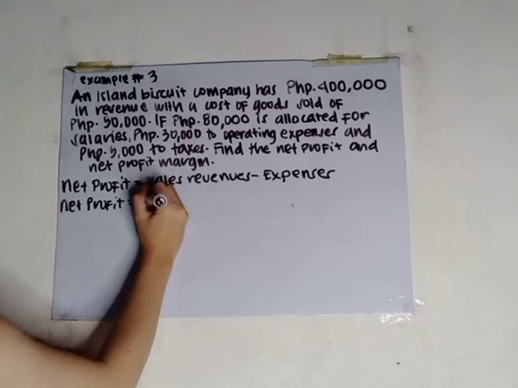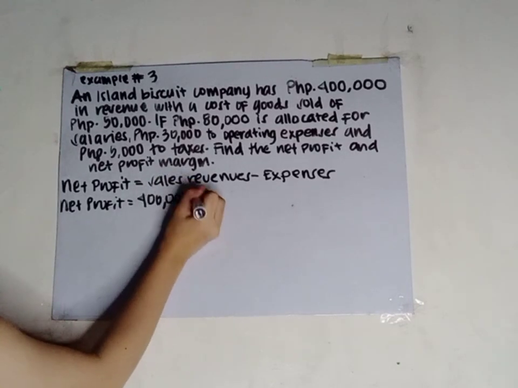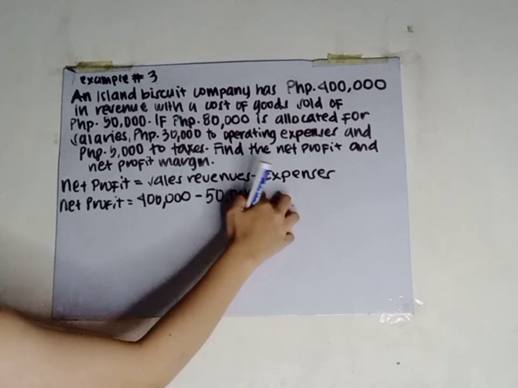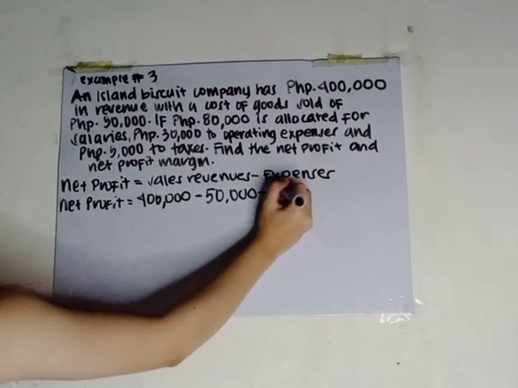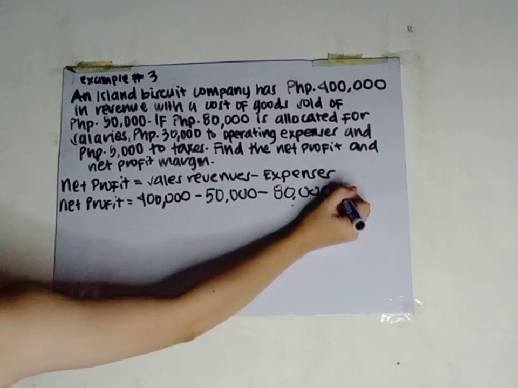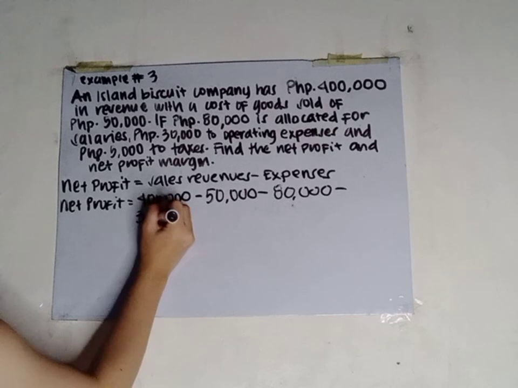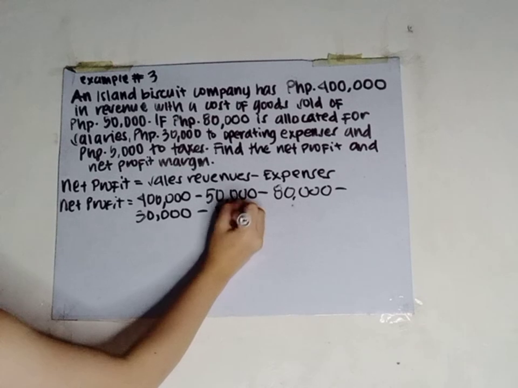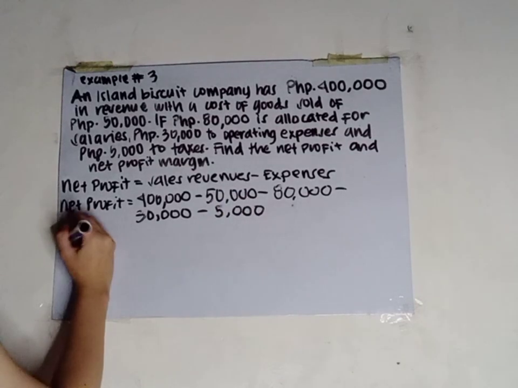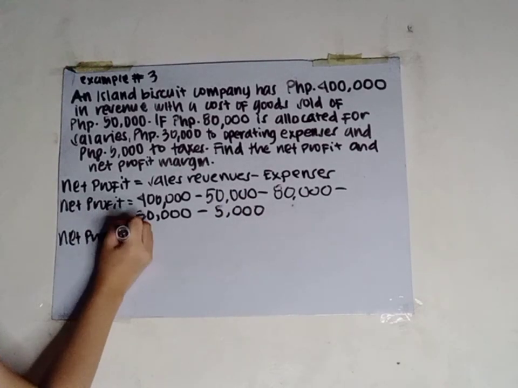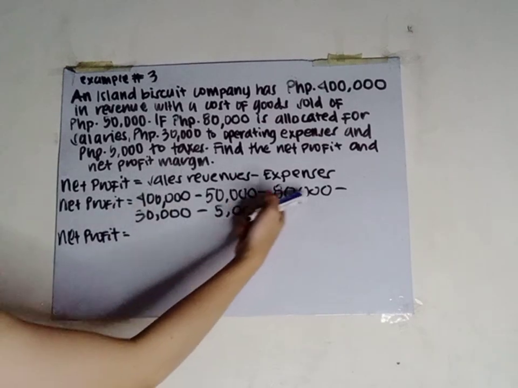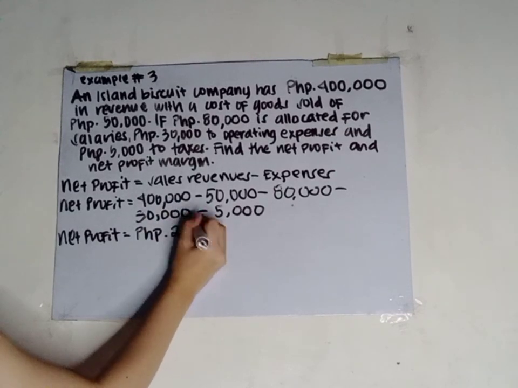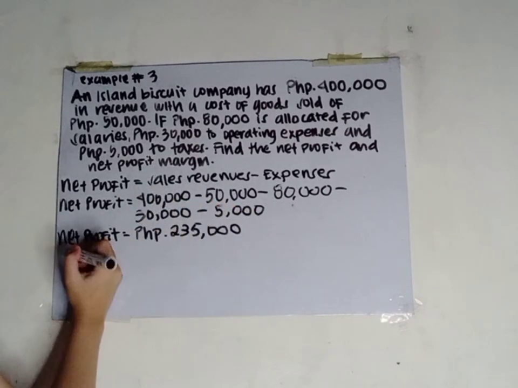Net profit equals 400,000 pesos minus 50,000 pesos minus 80,000 pesos minus 30,000 pesos and lastly minus 5,000 pesos. So subtract it all. So the net profit equals 235,000 pesos.